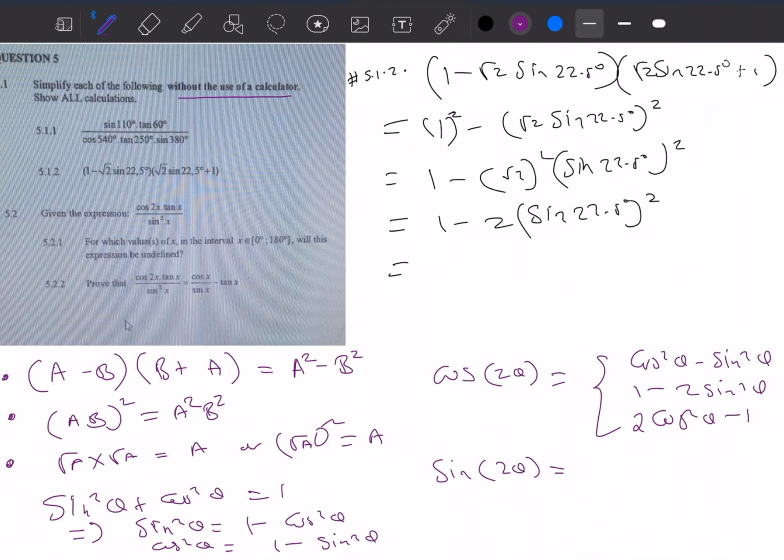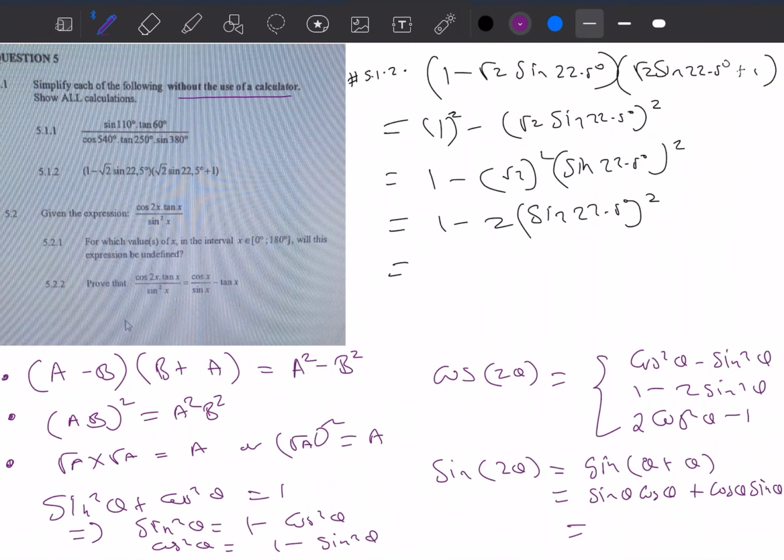Sine 2 theta is equal to, according to compound angles, sine of theta plus theta, which is, instead of sine theta times sine theta, now it's going to be sine theta cos theta plus, it's no longer negative, it's going to be plus, again, cos theta sine theta.